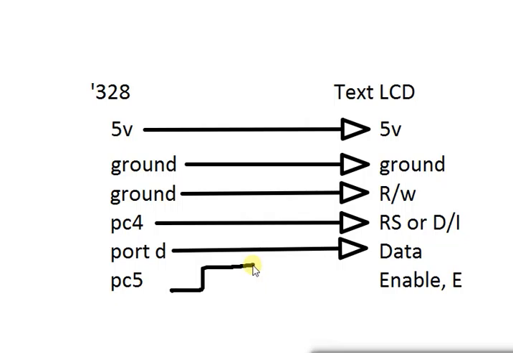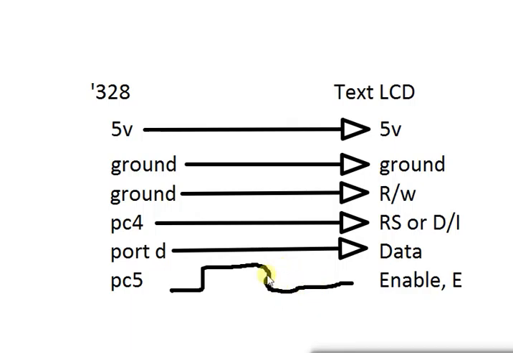So initially port C bit 5 was a low. I set it to a 1, and then I then drop this line to 0 or a low.